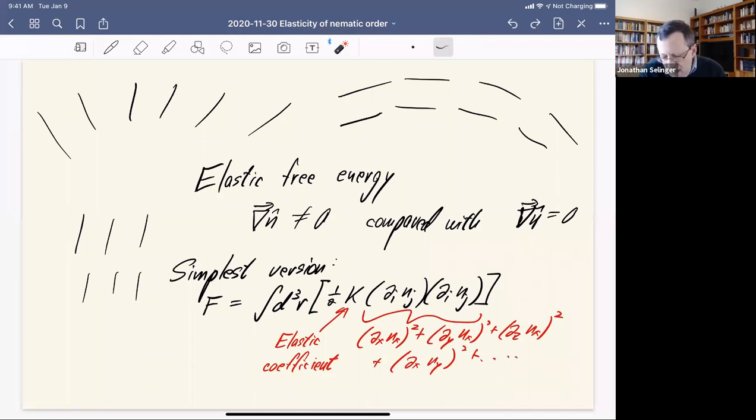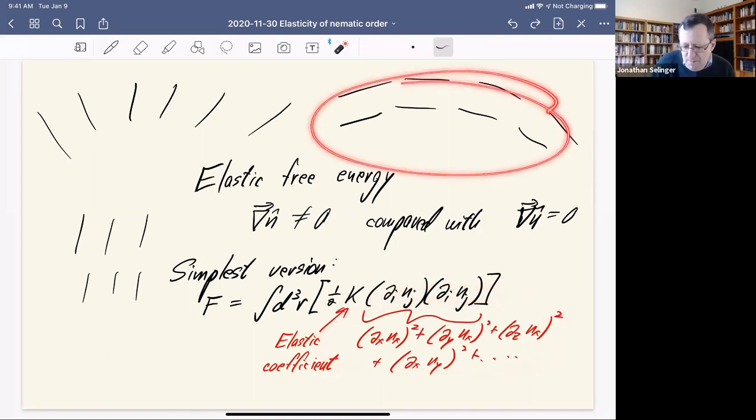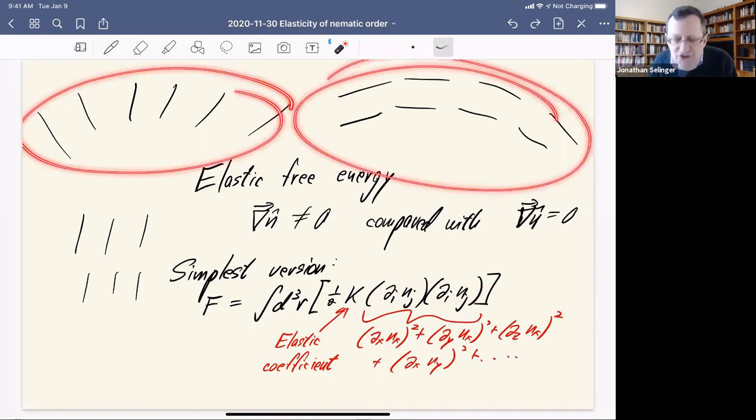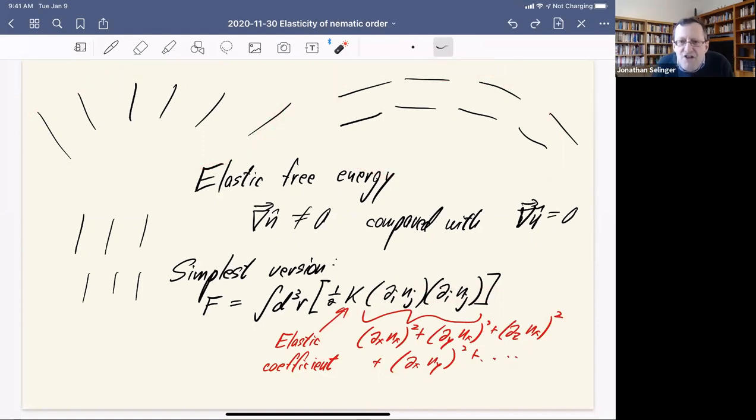So I claim that if you were to take all these derivatives and square them and add them up, you get the same thing for this picture or for that picture. But you can see these are two different physical situations. They're not the same physical situation.